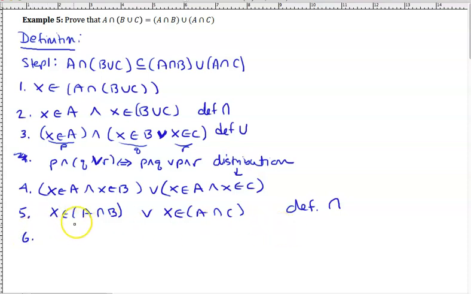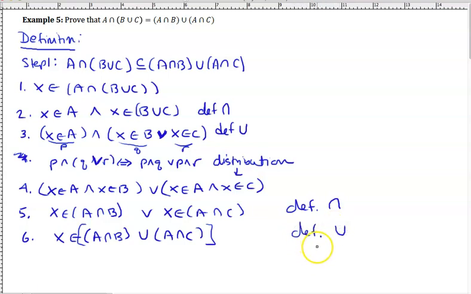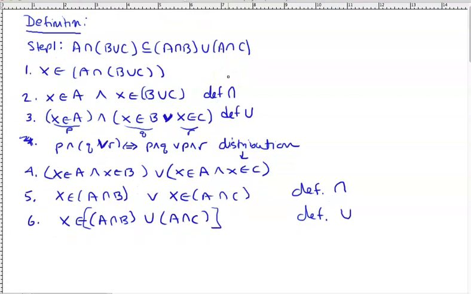So if X is a member of this set or that set, X is going to be a member of the union of those two sets. Let me put this in parentheses right here, and this is the definition of what a union is. Basically I started with a member of this first set, and I showed that it also has to be a member of the second set, so that proves the first set is a subset of the second set.